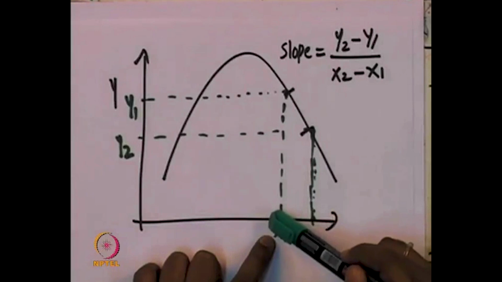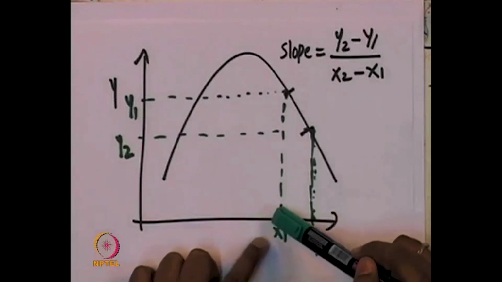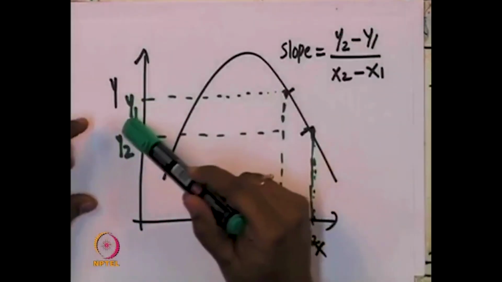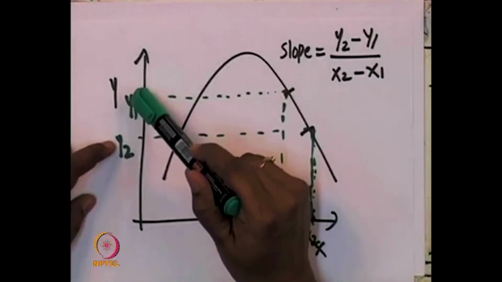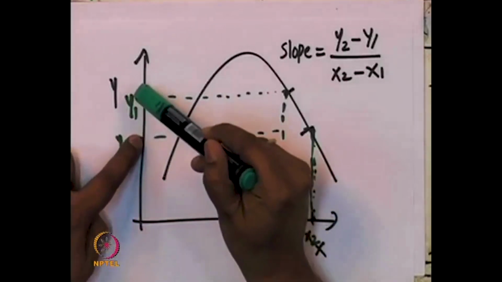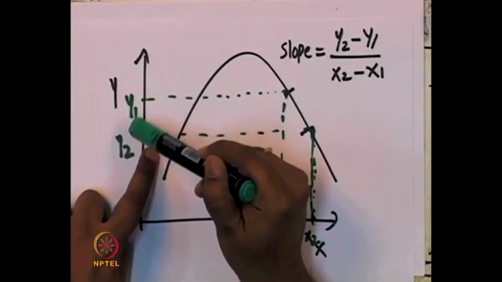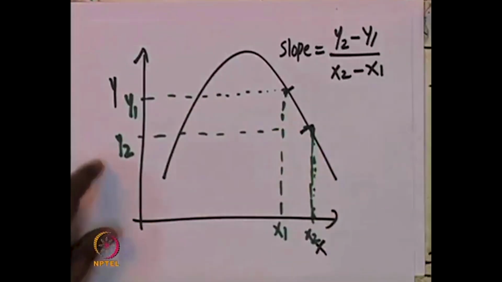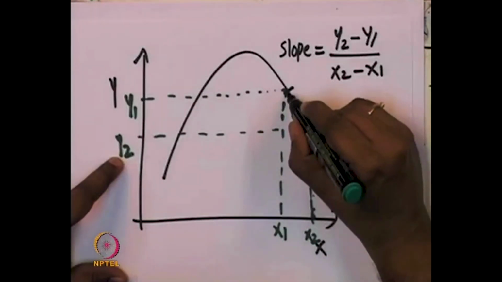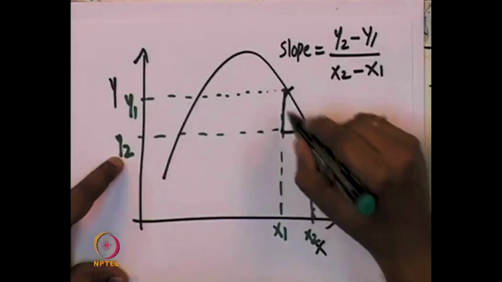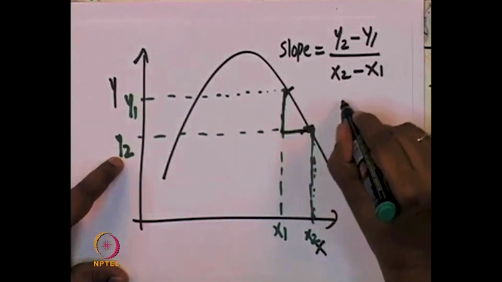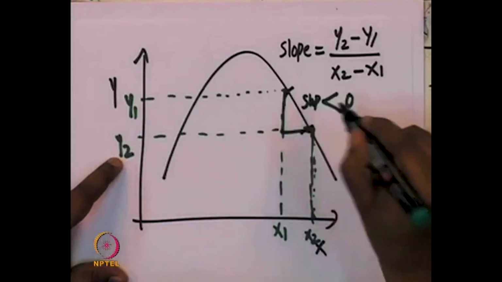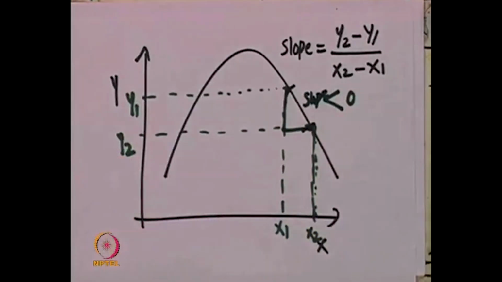On the other hand, y 2 is smaller than y 1, so y 2 minus y 1 is negative, because y 2 is a smaller number compared to y 1. So, the slope here is negative, which is less than 0.